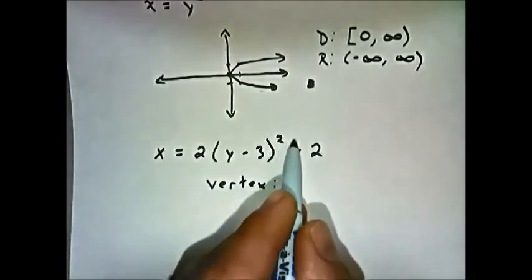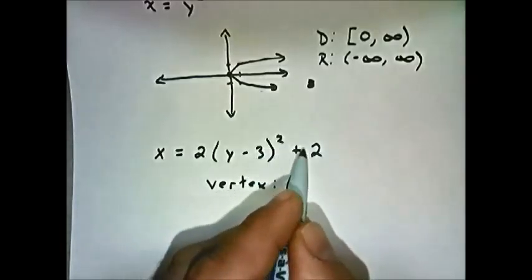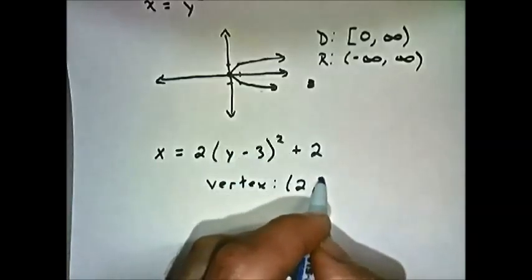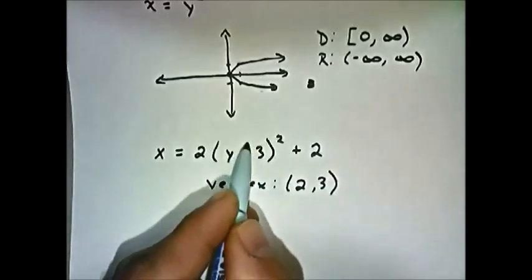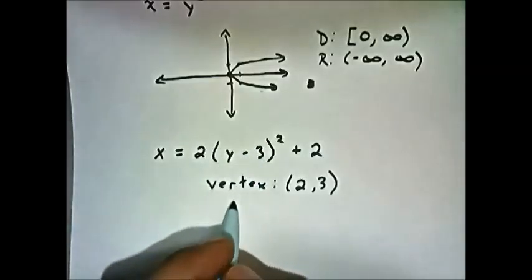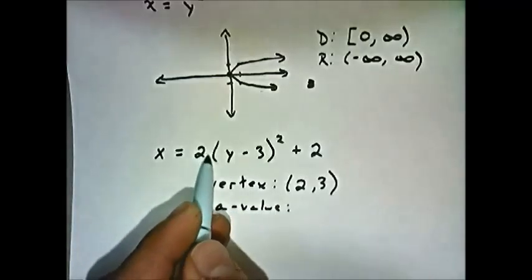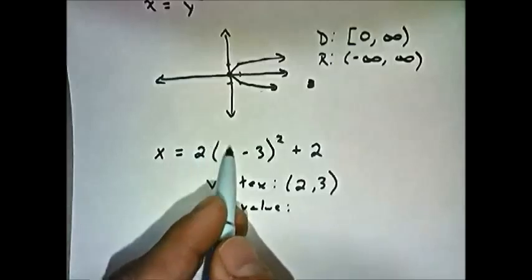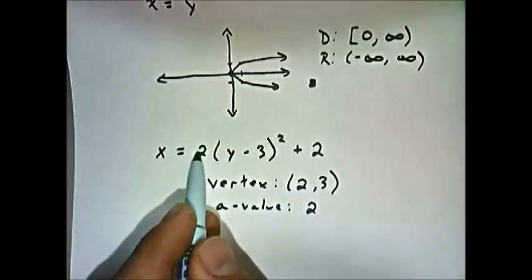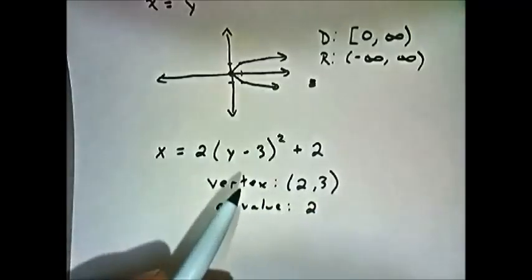Remembering now the vertex is going to be 2 because we switched our h and our k value, and it's going to be positive 3. Because we have a negative 3 in the quantity, we take the opposite of that, which is positive 3 with y. Our a value is going to be found outside the quantity, but multiplied to that quantity, so it's that 2. Notice it's positive, so it's going to be opening toward the positives, or to the right.